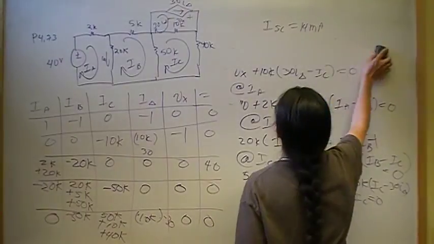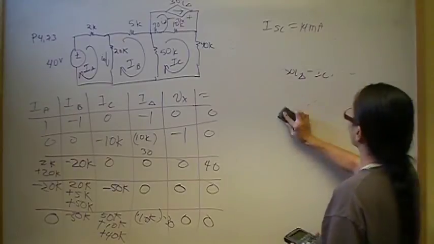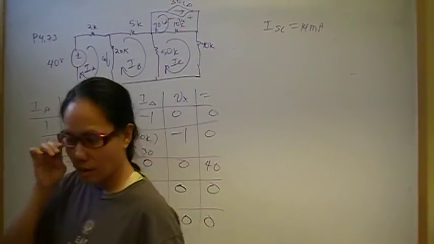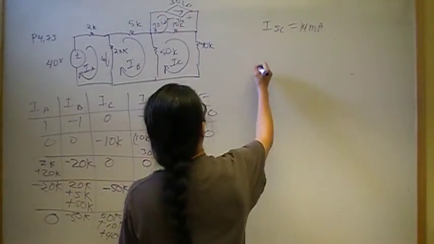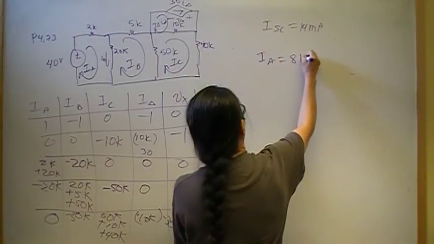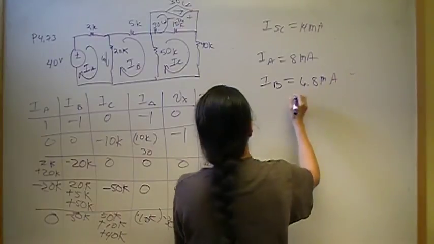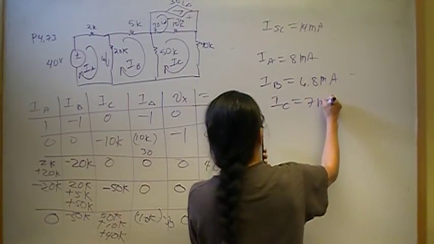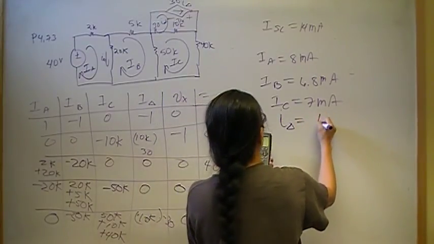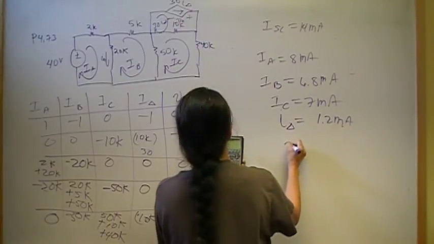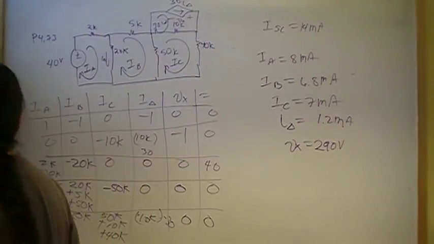So what you should have got when you solve this matrix: IA is 8 milliamps, IB is 6.8 milliamps, IC is 7 milliamps, I delta is 1.2 milliamps, and Vx is 290 volts. So that is what you should have got.